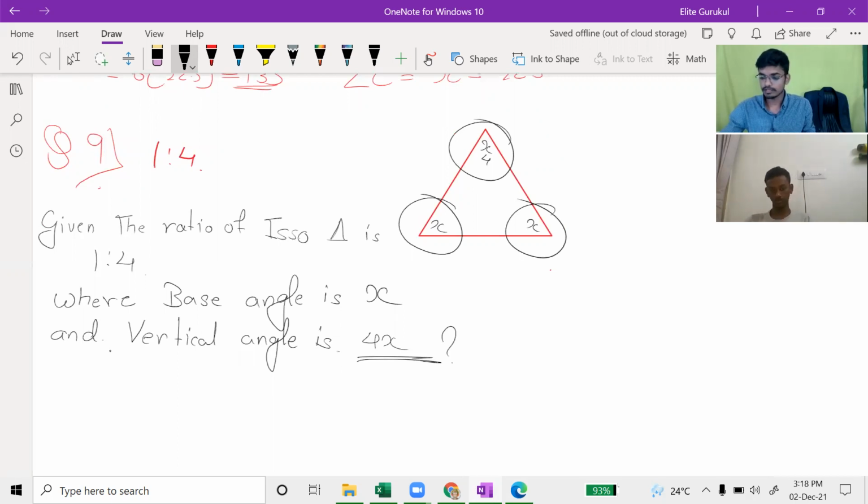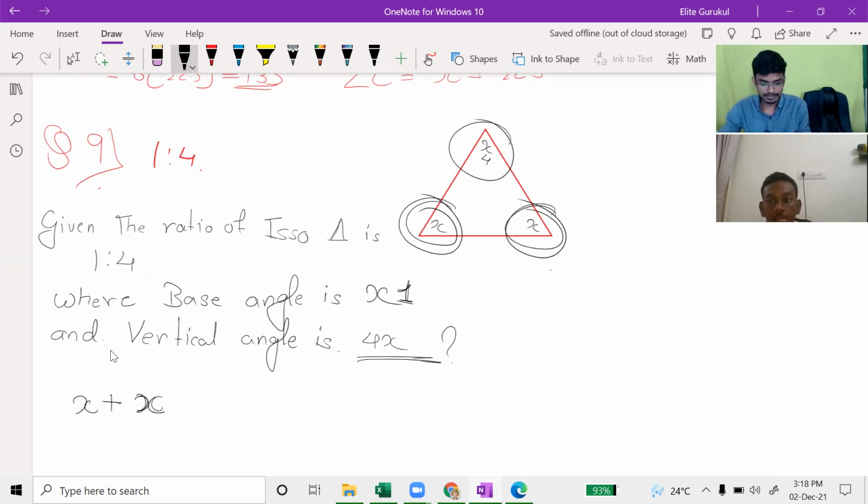So we know that the sum of all angles of a triangle is 180 degrees. So x plus x, which are the base angles. Now tell me one thing, why didn't we write 1 over here? Because x is considered as 1.